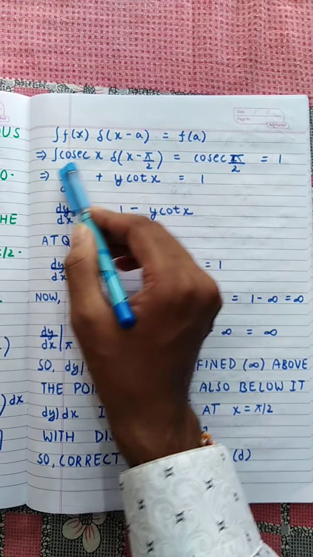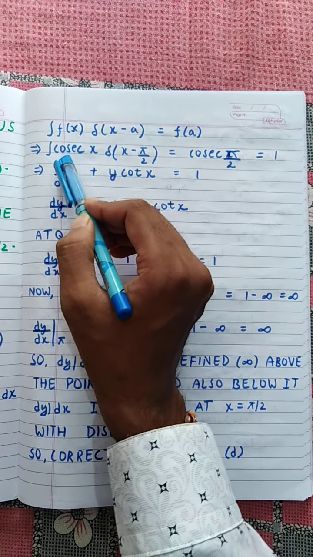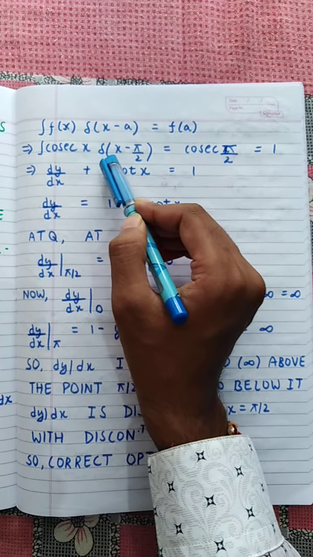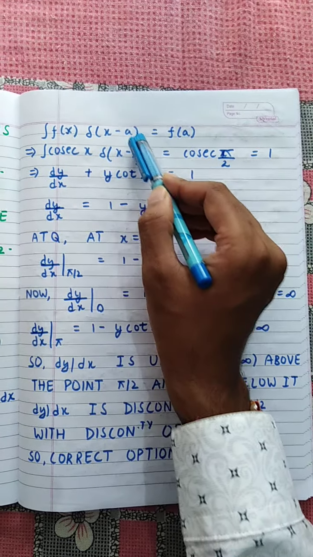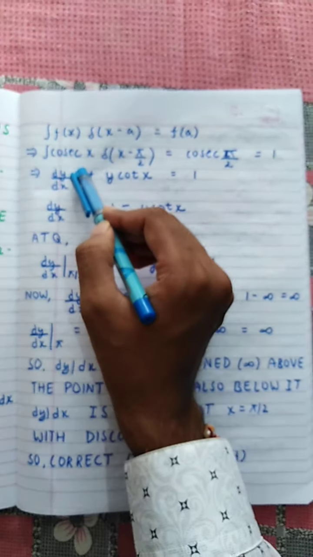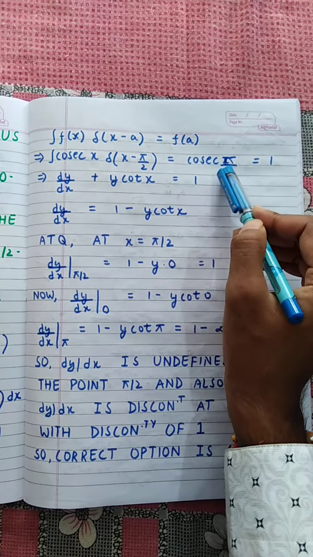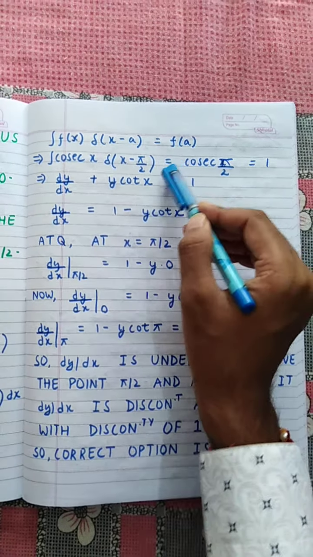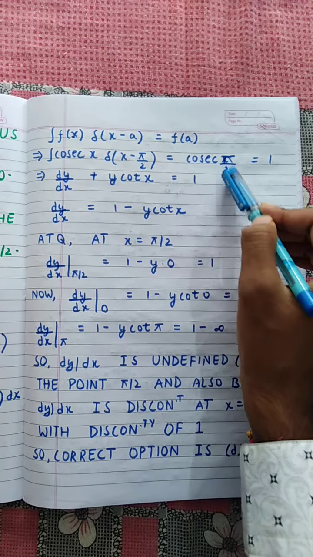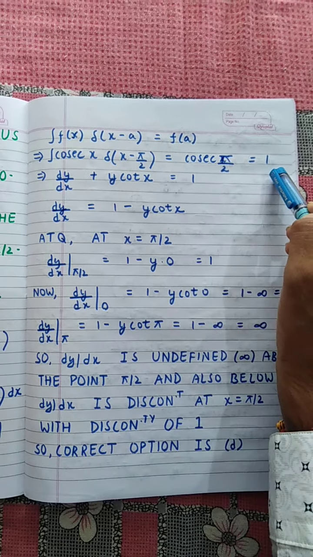Now according to this question, we substitute the values. In the integral of cosec x delta of x minus pi/2, a is pi/2 and f of x is cosec x, so f of a will be cosec of pi/2, and cosec pi/2 is 1.